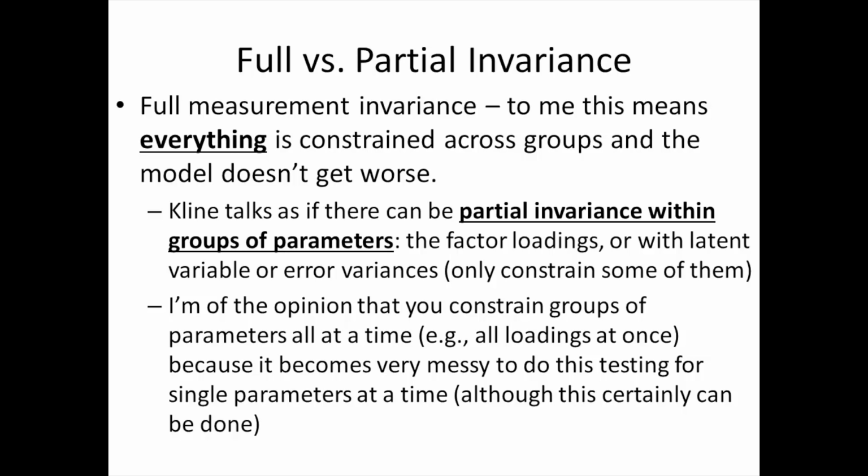Unless you're developing a measure, and that's the sole focus of your paper, then maybe you have the space to get into that kind of detail. But let's say you have partial factor loadings invariance, partial intercept invariance, partial error variance invariance, and I don't really know that I know what that means, and it just becomes very complex.